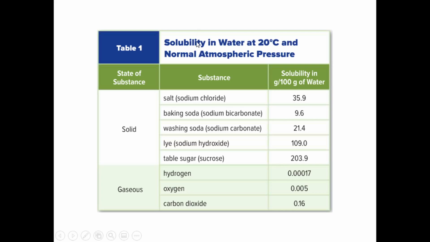But there's one more thing. Solubility is temperature and pressure dependent. If you look at the top of this table, it says solubility in water at 20 degrees Celsius. So if I have 100 grams of water at 20 degrees Celsius, I can dissolve 35.9 grams of salt in it. If I were to increase the temperature of the water, let's say to 40 or 50, then hypothetically I should be able to dissolve more of the substance in there.